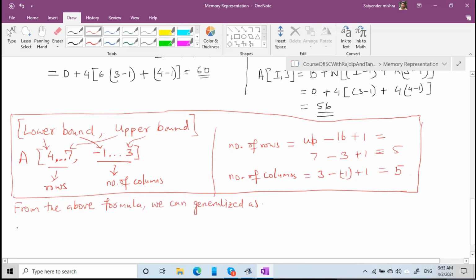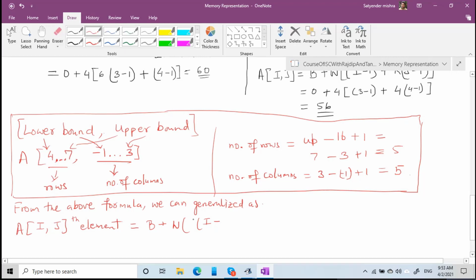So address of A, the address of A[i][j], is equal to base plus width times... instead of n, we put here the number of columns.